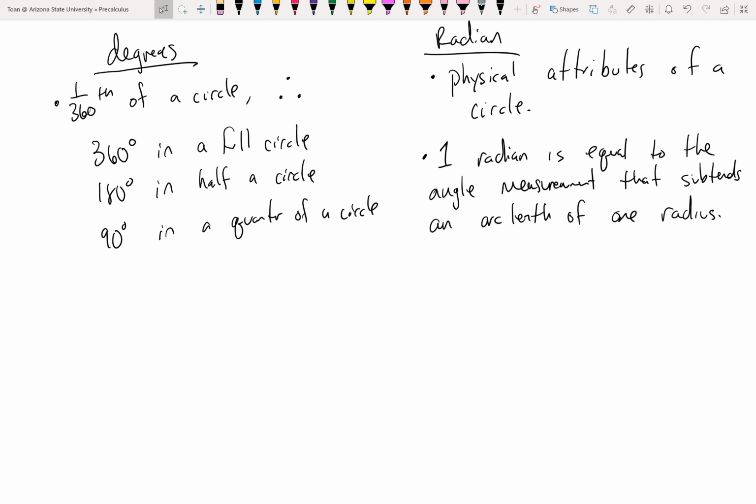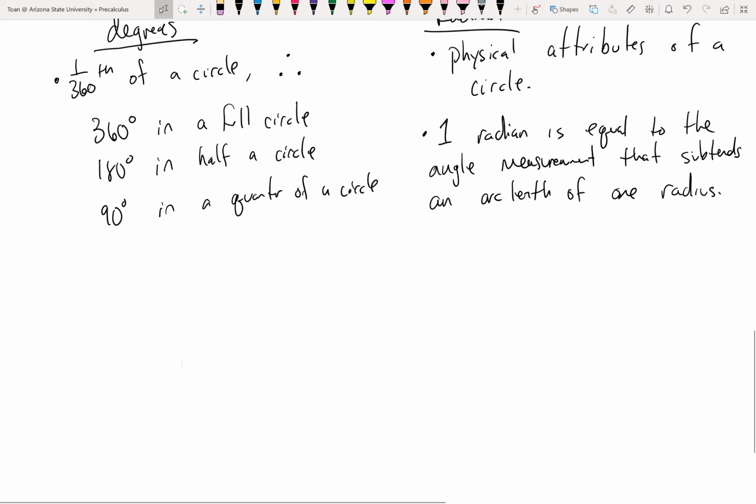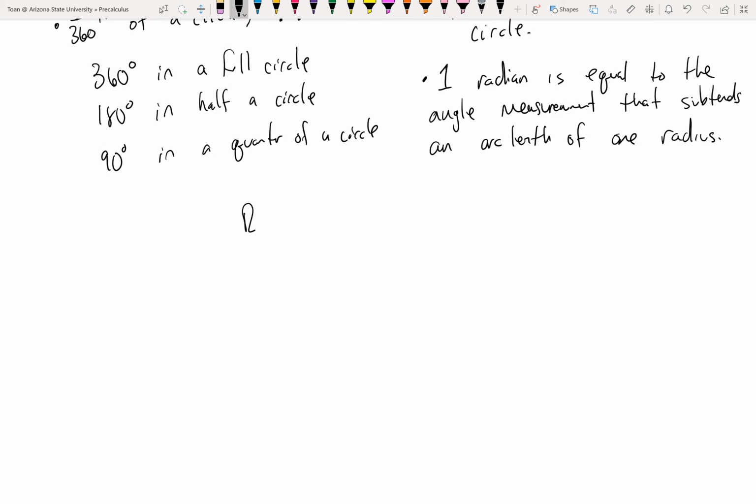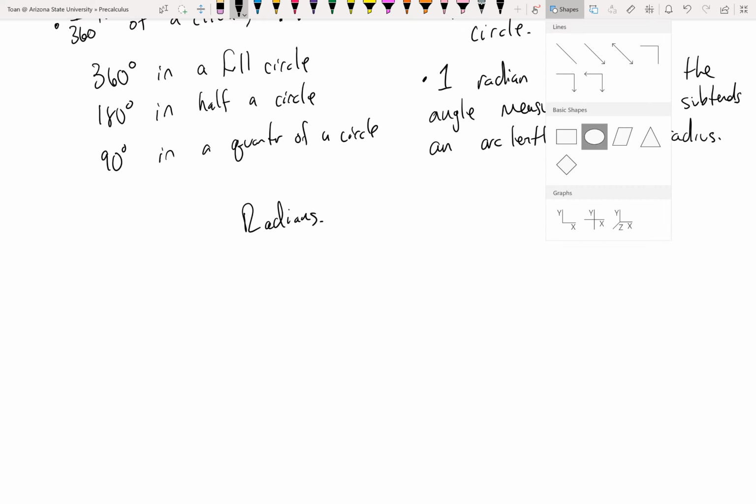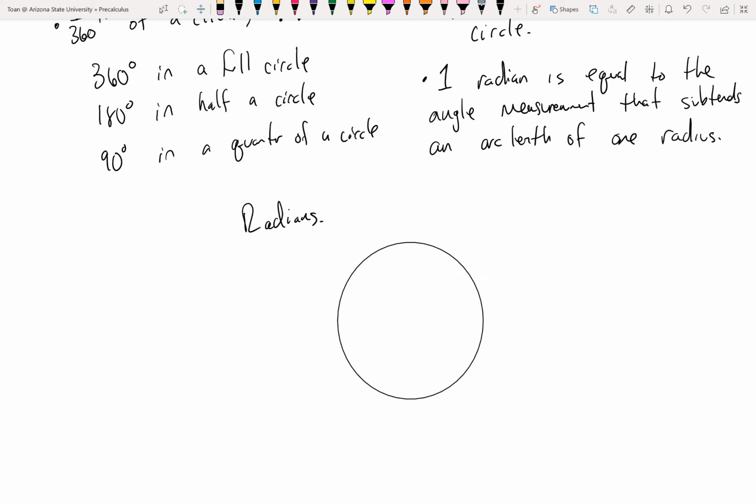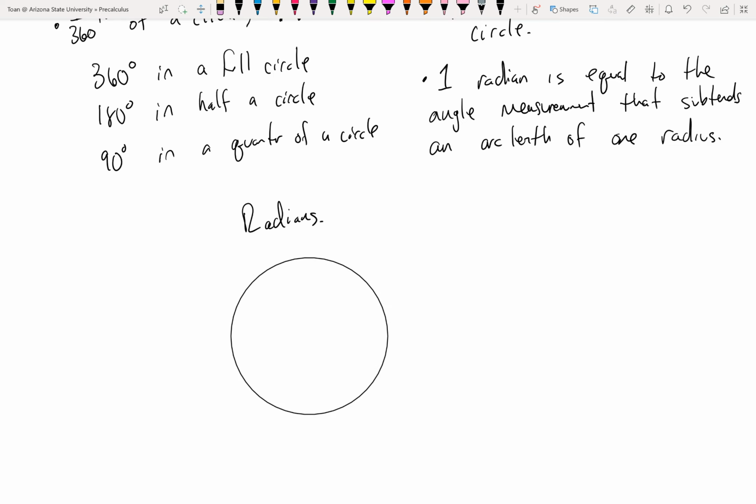Now, if you need a translation of that, this is what a radian means. Suppose you had a circle. We all know that every single circle has a center and has a set radius.